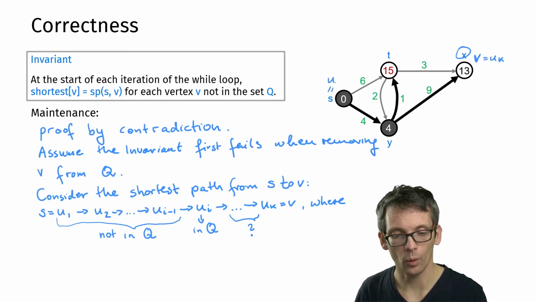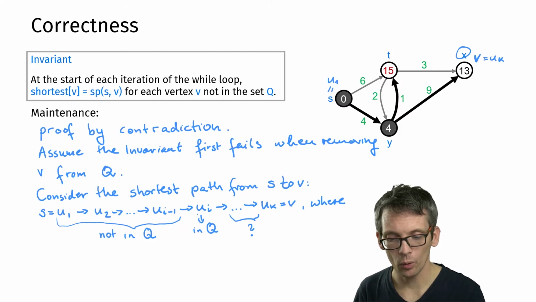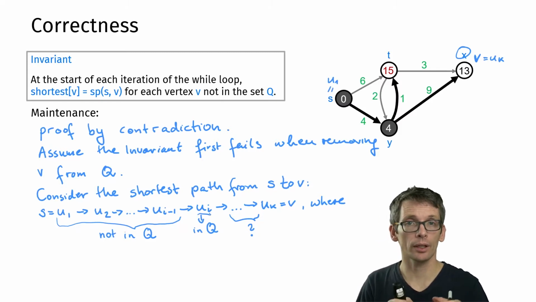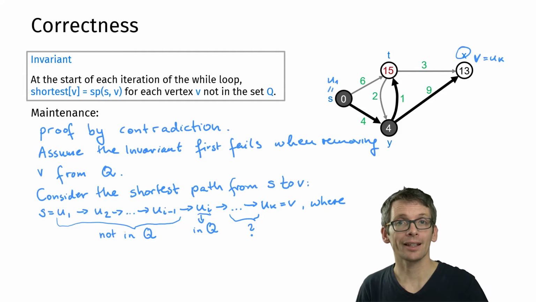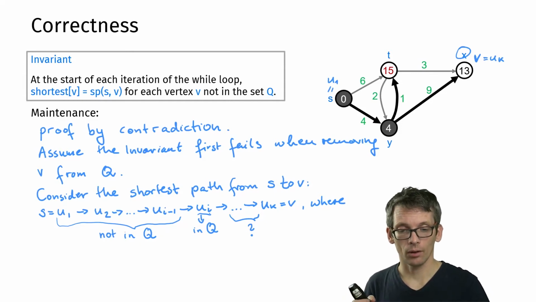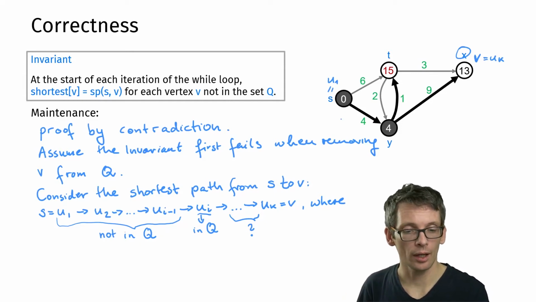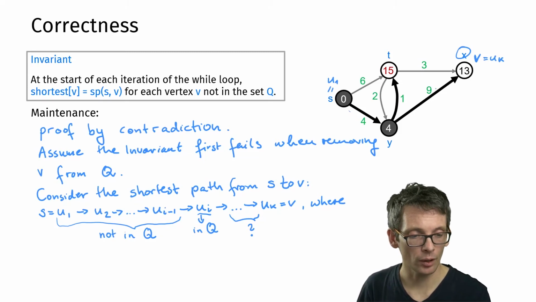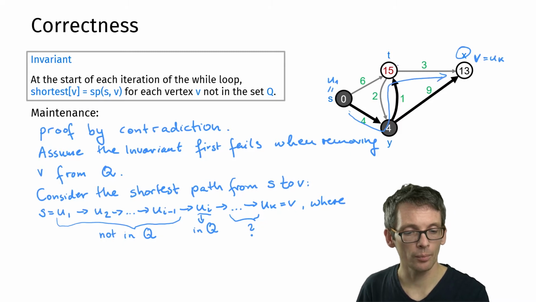S, that is U1. And UI is the first vertex on that path that is not outside of Q, so that is in Q. In our example, if you look at the actual shortest path, which goes like this, it would be T. So T would be our UI. And it would be U1, U2, so I is 3 here, and K is 4.